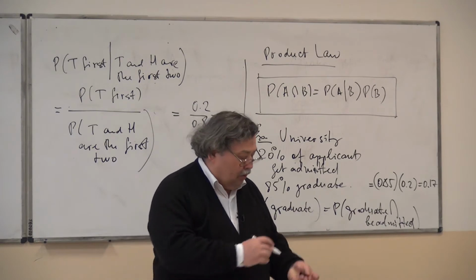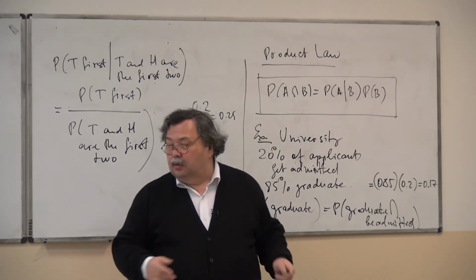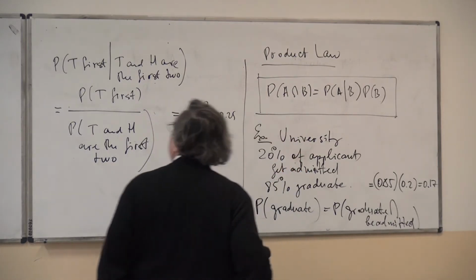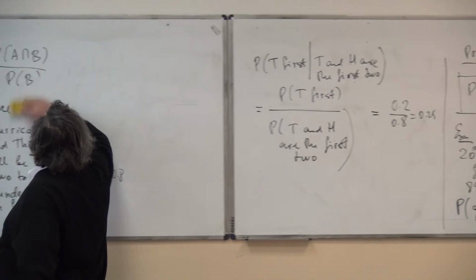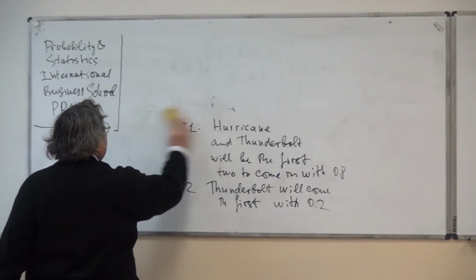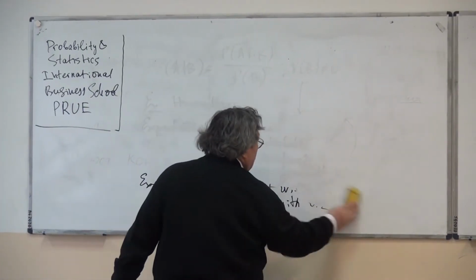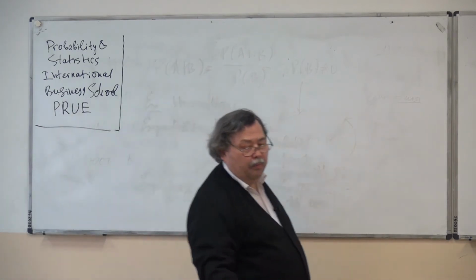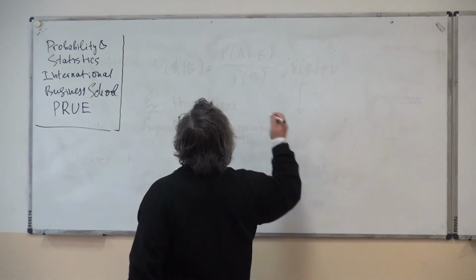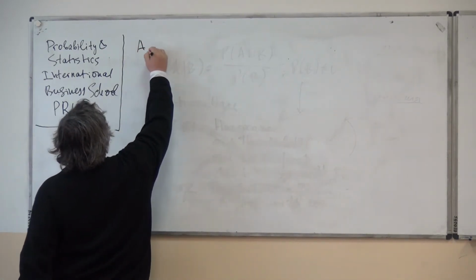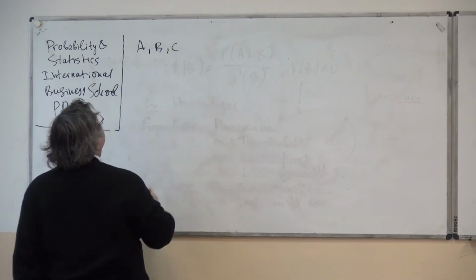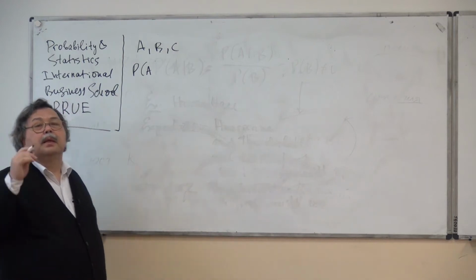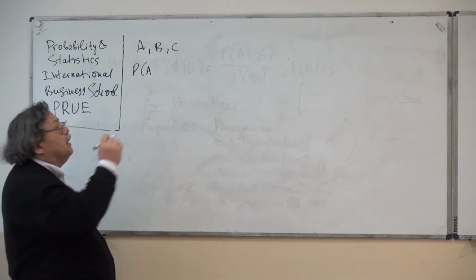This product law can be extended to problems involving more than two events. Well, suppose we have three events, A, B, and C. How do we compute the probability of the joint event, A intersect B intersect C?